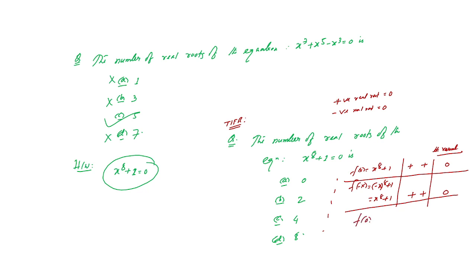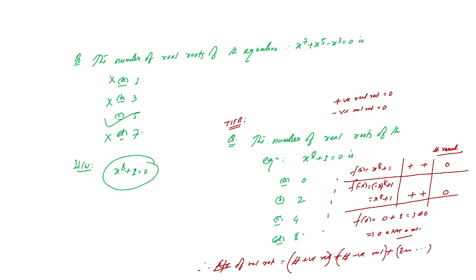And here the number of negative real roots is also 0. Now we come to the root 0, f(0). This is basically 0 plus 1, that means 1, not 0. So 0 is not a root. So obviously here the number of real roots equals the number of positive real roots plus the number of negative real roots plus 0 as a root with its multiplicity.